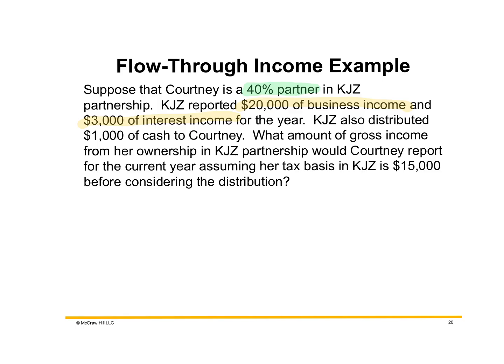So if we take the information that we know, let's start with our $20,000 of business income. Oh, sorry guys, I'm really bad at switching between highlighter and pen. So KJZ partnership reported $20,000 of business income in total.